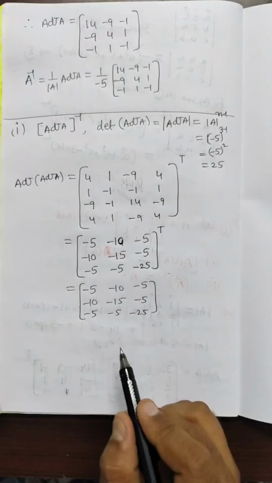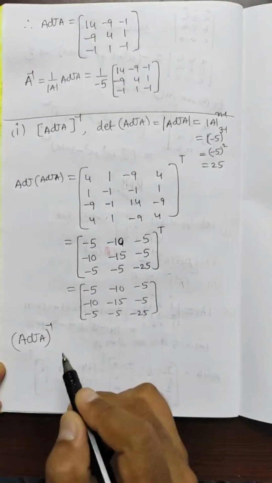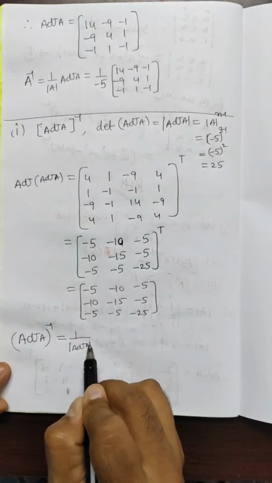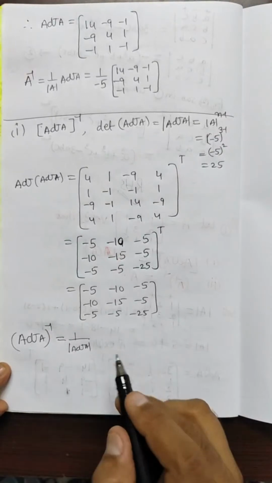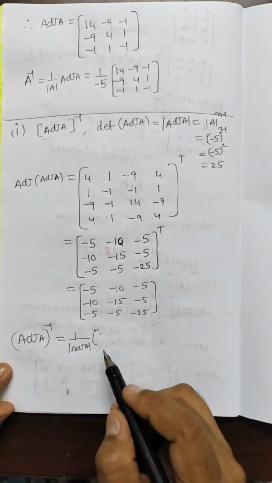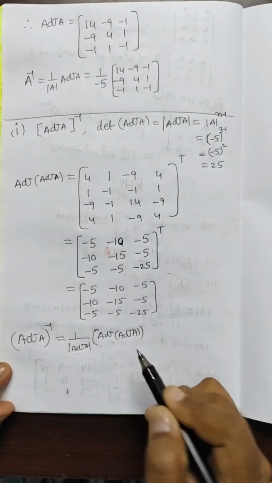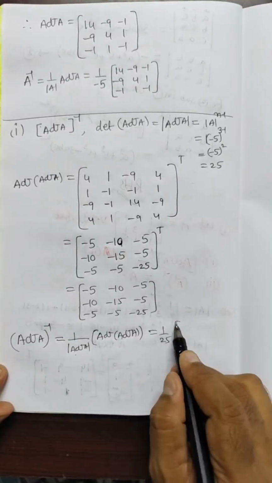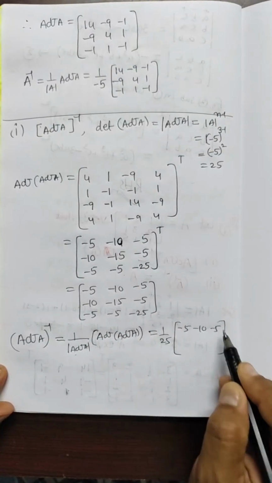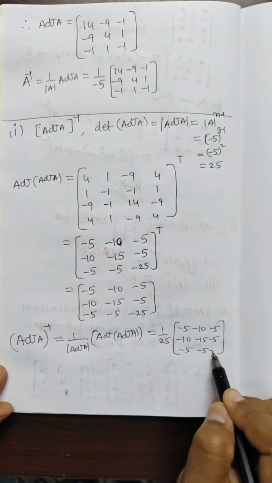So later what we have to do, adjoint A whole inverse is equal to 1 by determinant of adjoint A into adjoint of adjoint A. So 1 by 25 into minus 5 minus 10 minus 5, minus 10 minus 15 minus 5, minus 5 minus 5 minus 25.